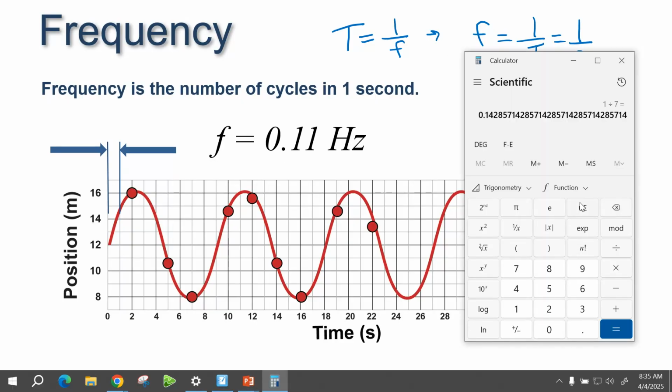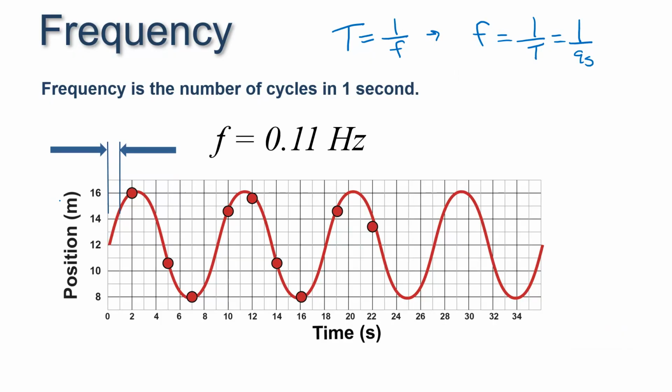So I just say 1 divided by 9. I get 0.1 repeating. So then my frequency is equal to 0.11 hertz. That's where that comes from.